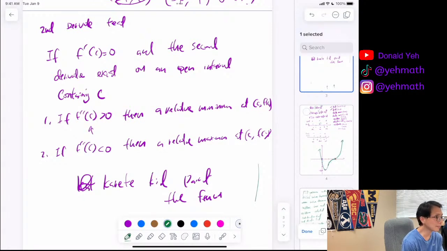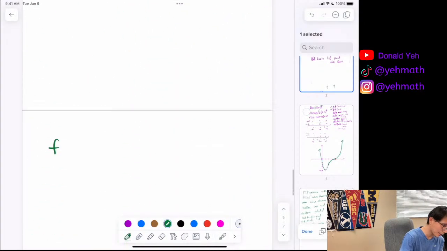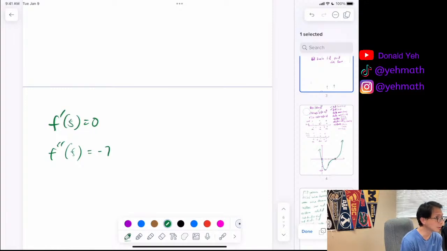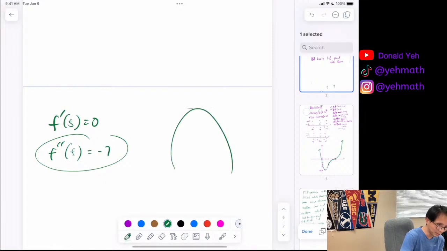But sometimes I can write a question that says if f prime of 5 is equal to 0 and f double prime of 5 is -7, then what happened at 5? Is that a relative min or max? Because if you have a 0 and this is concave down, that has to be a max.